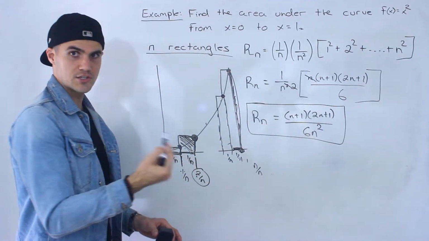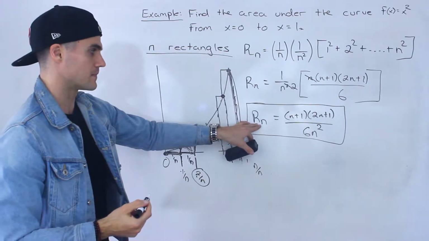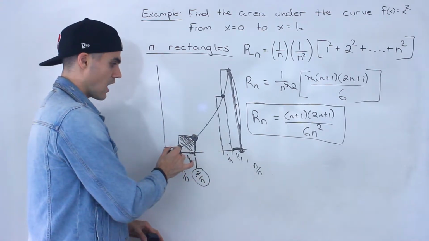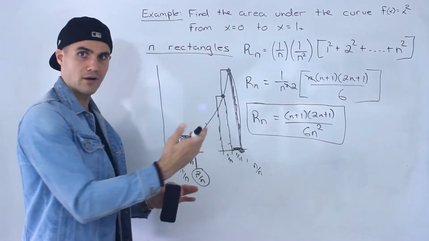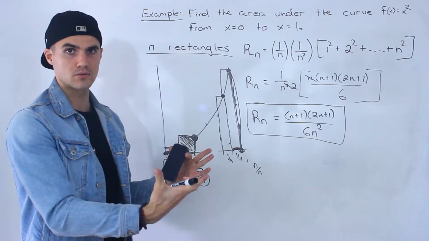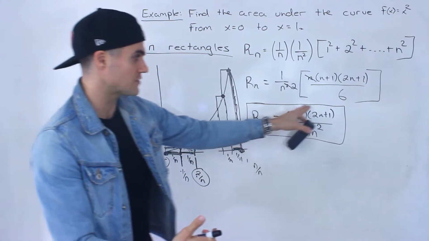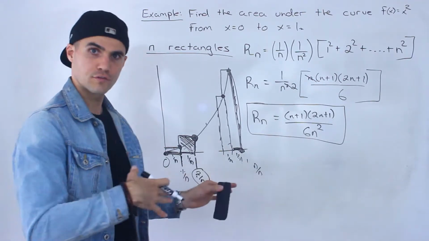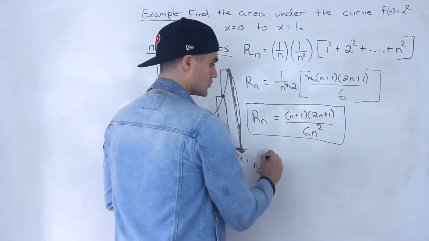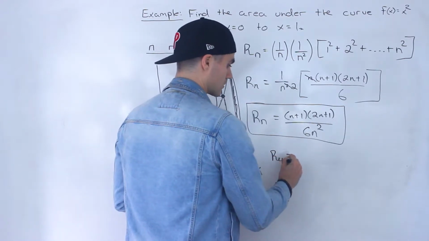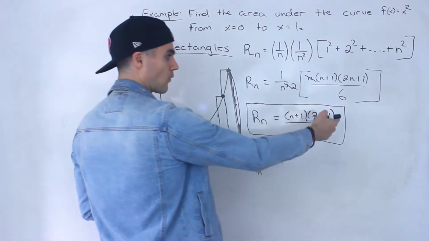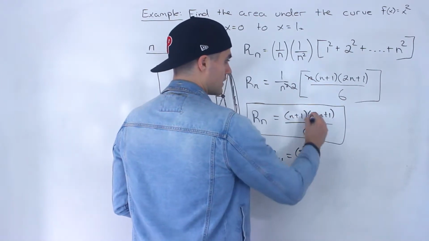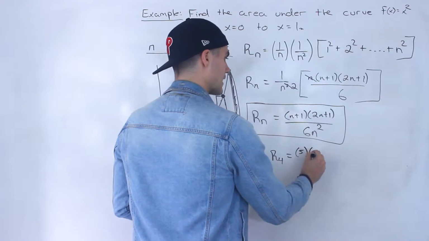And so this here ends up being the general expression for Rn, which is really nice because what this is going to give us is the sum of the areas of however many rectangles we choose. We could pick any n here and we just have to plug it into this formula. We have a general formula now. So if you remember the first example we did, we used 4 rectangles. So what would happen if we plug in 4 for all of this? Well, notice this bracket would end up being 5. This bracket here would end up being 9.